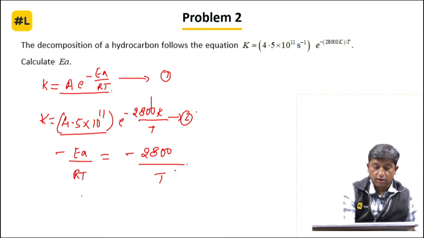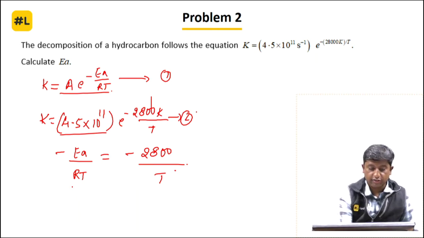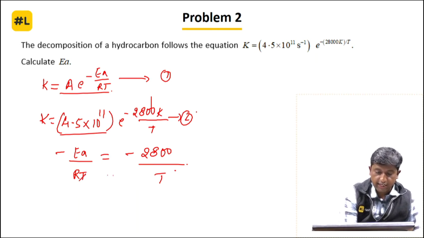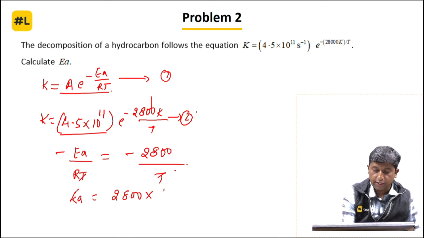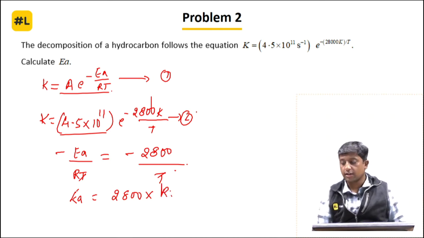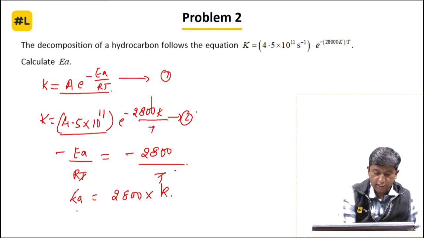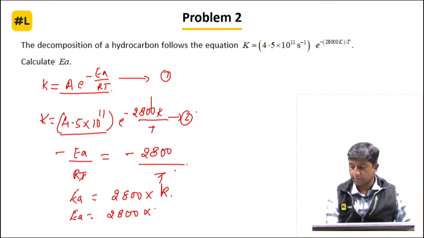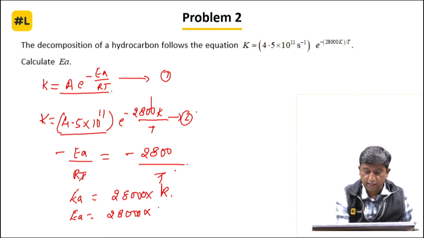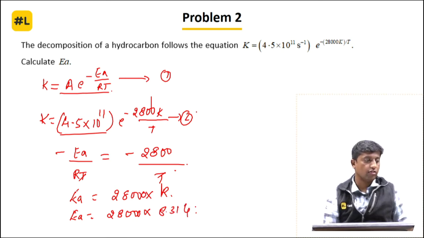So, now we need to calculate the energy of activation. We know that T and T get cancelled here. Energy of activation will be 28000 into R. What is R here? R is the universal gas constant. Students, this equation becomes EA will be equal to 28,000 multiplied by R. The value of R is 8.314.